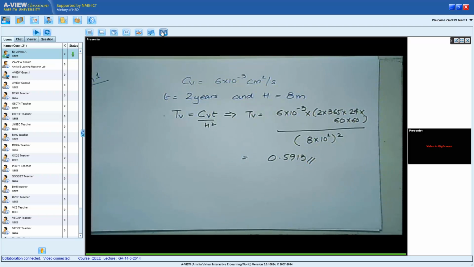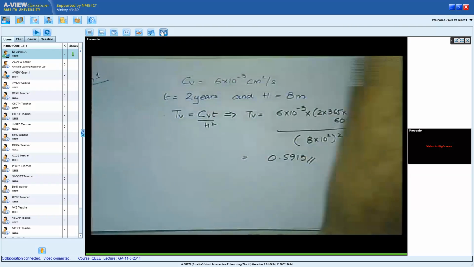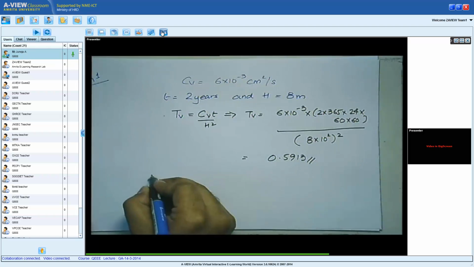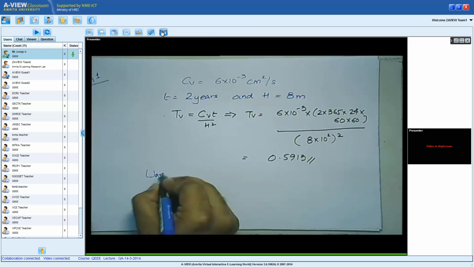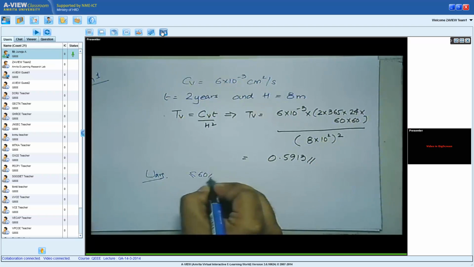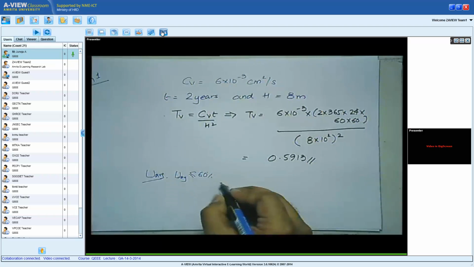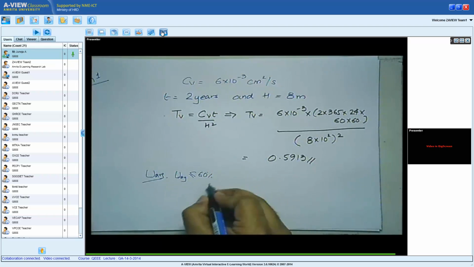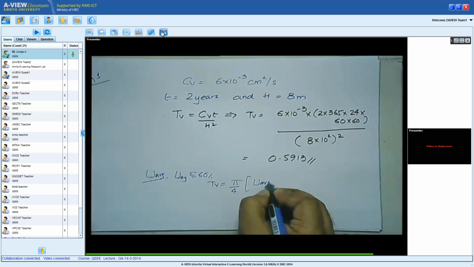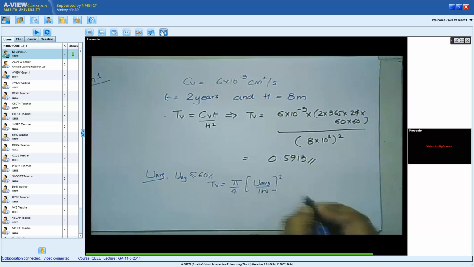So if this corresponds to 2 years, what should be my U average? Remember, it says average, U average. I know U average from two equations. If U average is less than 60%, TV equals pi by 4 into U average by 100, whole square.